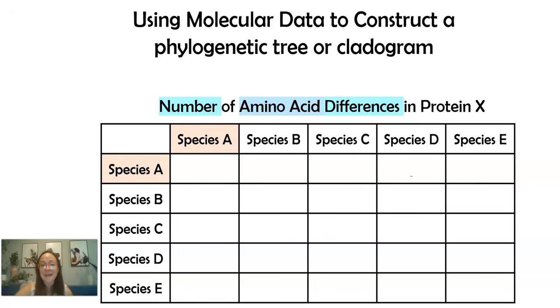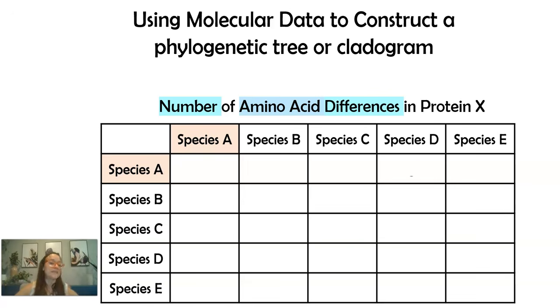So here we have protein X that's made of however many amino acids. If we have a missense mutation in an exon, that'll change the amino acid, but the protein may still be built. That is what we're looking at. Now, if it's a silent mutation, then we really wouldn't see any amino acid differences. You'd only be able to tell silent mutations if you were looking at the actual DNA sequence.